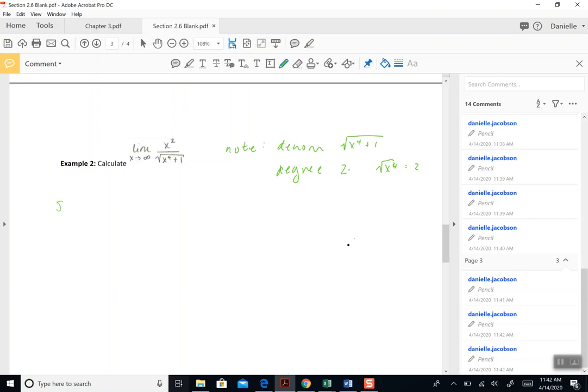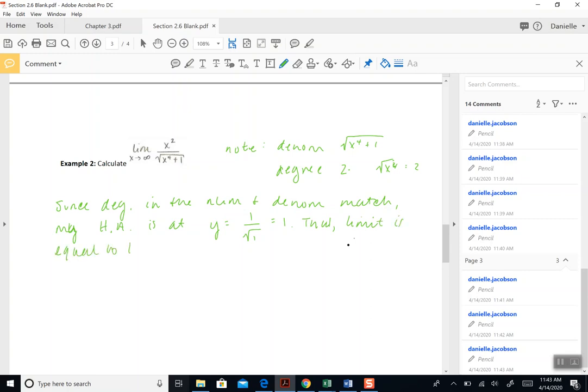So if I wanted to, I could say, since the degree in the numerator and the denominator match, okay, I know my horizontal asymptote is at y equals, okay, the lead coefficient in front of the numerator is 1 over lead coefficient in front of the denominator is root 1, which is really just 1. Thus, I already know that the limit is equal to 1.